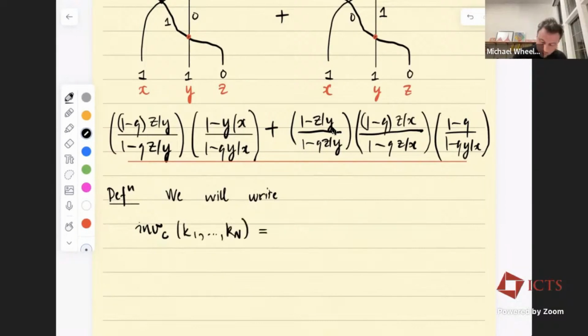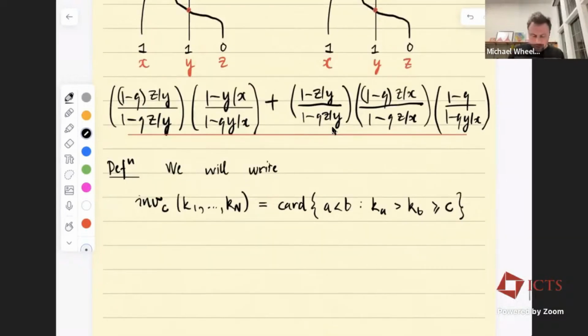This is basically just working out all inversions such that the two elements that participate in an inversion are at least equal to c. So this is the cardinality of all pairs a less than b, such that K_a is greater than K_b, which is at least equal to c.